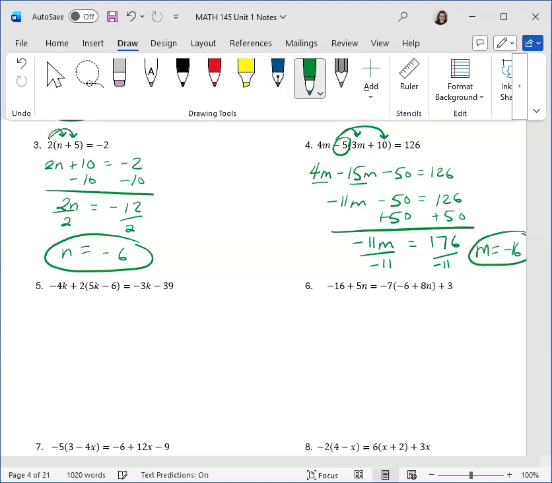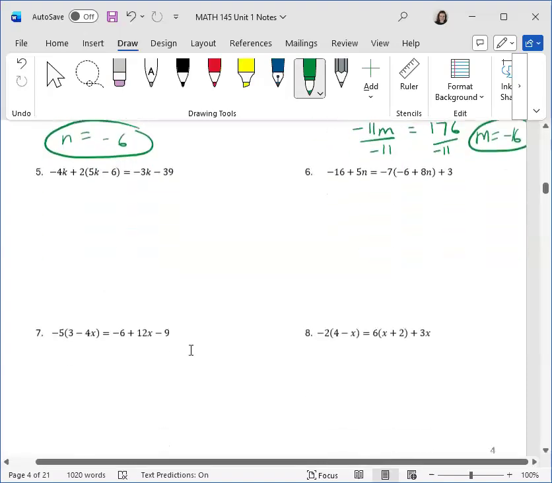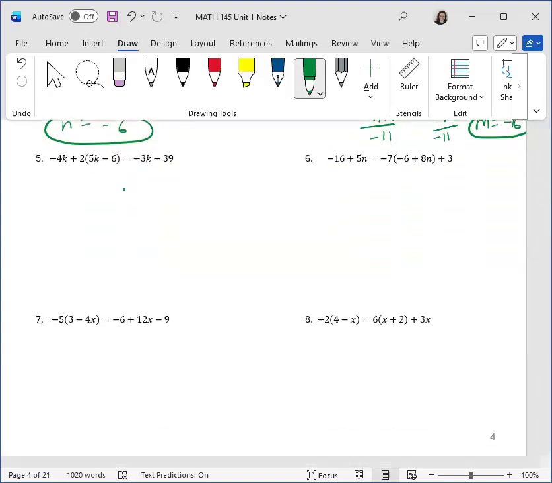So there's my solution. All right, number 5, another set of parentheses that I'm going to distribute. We would get negative 4k plus 10k minus 12 is equal to negative 3k minus 39. I'm going to combine these like terms, so I would get 6k minus 12 is equal to negative 3k minus 39.